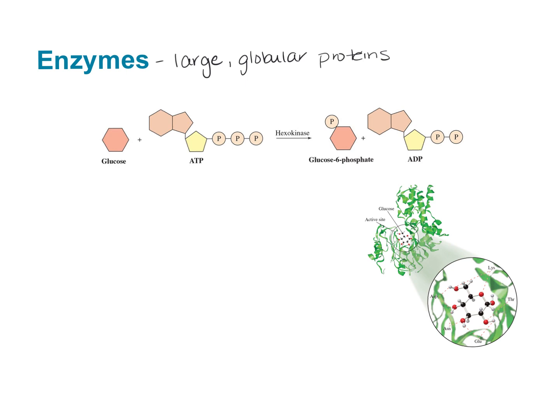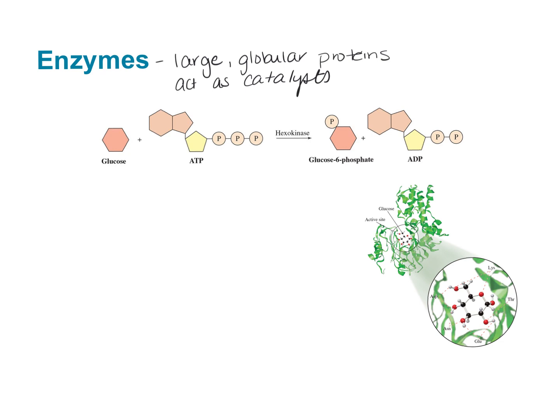They act as catalysts. Remember, catalysts are just compounds that accelerate reactions of metabolism, but aren't consumed or changed by those reactions. And we've talked about catalysts before when we talked about rates of reactions.